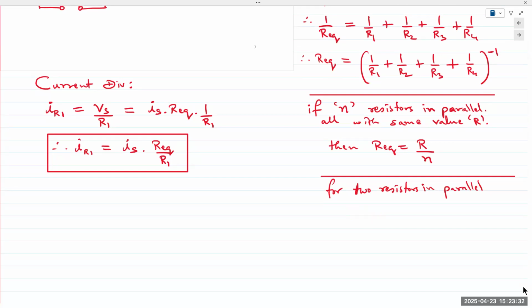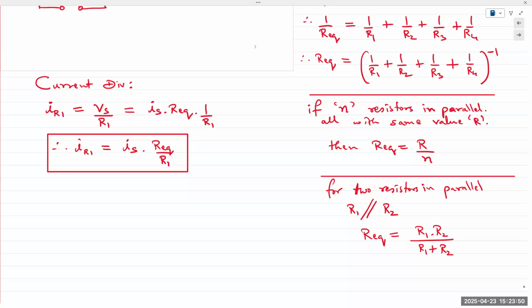So if you have R1 in parallel with R2, then Req is the product of R1 and R2 divided by the sum of R1 and R2.